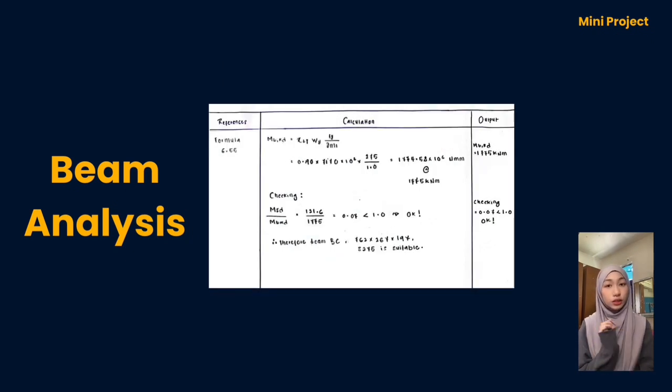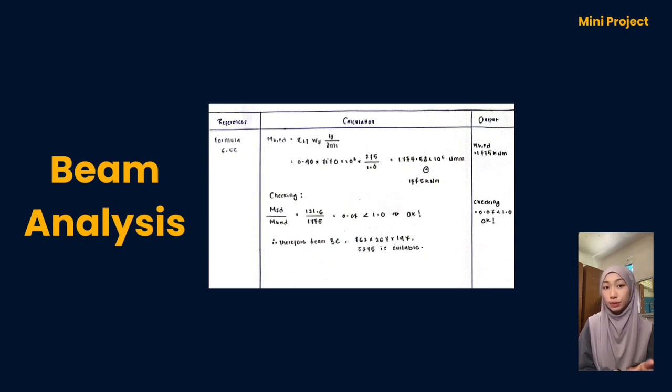From formula 6.56, for MbRd we got 177.458 times 10 to the power of 6 Newton mm, and after conversion I got 177.5 kilonewton meters. Now let's do the checking. MEd divided by MbRd, and we got the answer 0.07, which is less than 1.